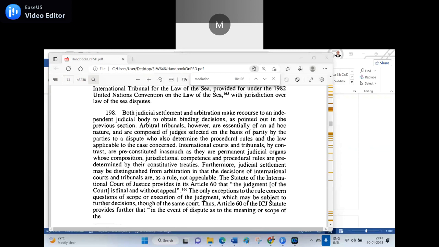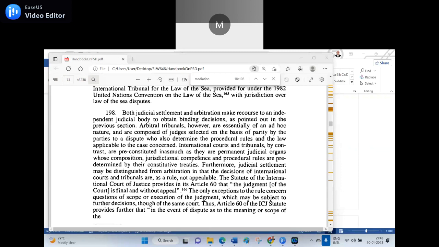Arbitral tribunals, however, are essentially of an ad hoc nature and are composed of judges selected on the basis of parity by the parties to a dispute, who also determine the procedural rules and the law applicable to the case concerned. Even the tribunal's decisions are binding.